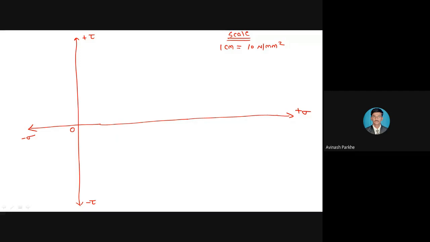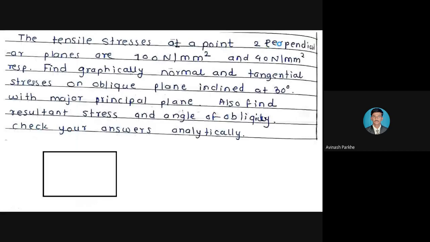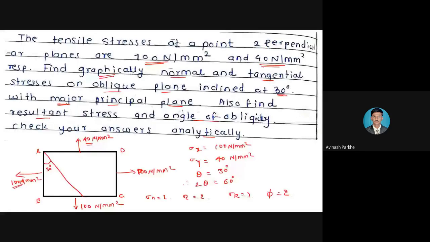Okay. So we are having two stresses, sigma x and sigma y. If sigma x is equal to 100 Newton per mm square and sigma y is equal to 40 Newton per mm square, then what is the value of sigma x in centimeter? If 1 centimeter is equal to 10 Newton per mm square, then 100 Newton per mm square is 10 centimeter.